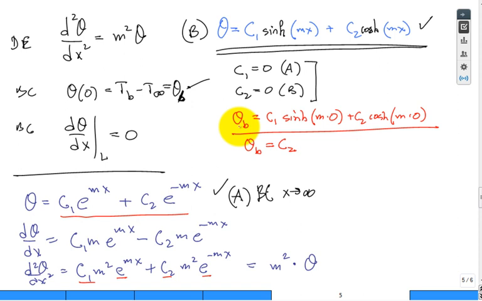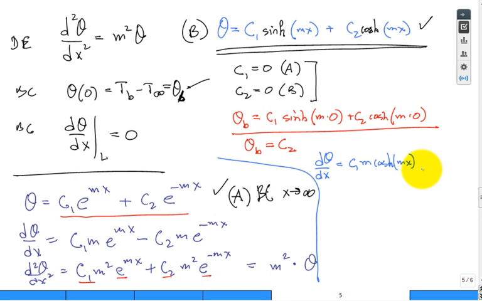All right. How about the next boundary, the next one? How do you apply this boundary condition? Well, you have to take the derivative. So we'll have the derivative of the analytic solution is equal to C1m. Instead of sinh, we get cosh of mx.